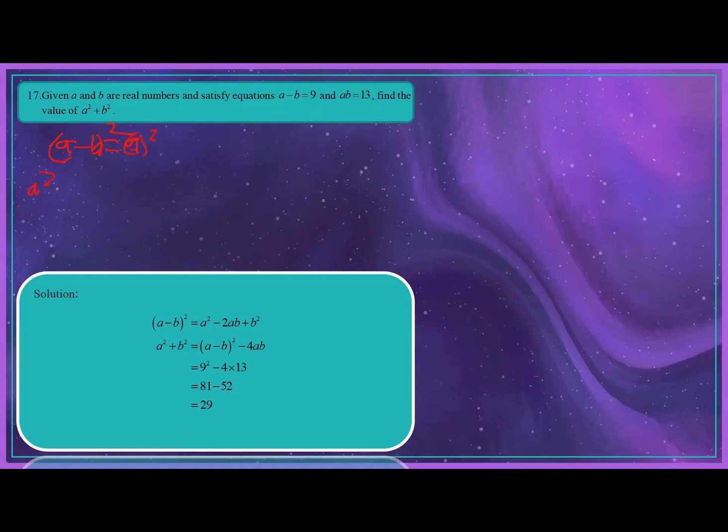So you have a squared minus 2ab plus b squared equals 81. Now we have ab equals 13. So a squared minus 2 times 13 plus b squared equals 81.